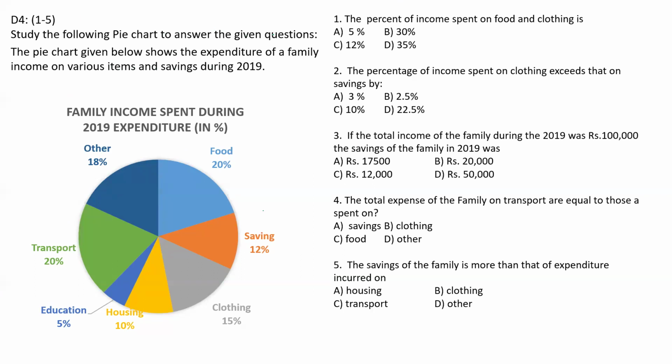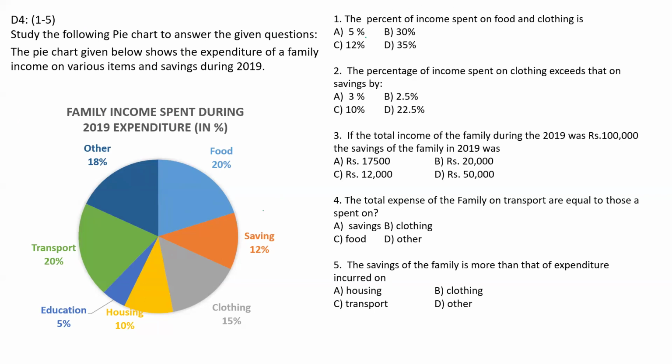They have given the expenditure of the family, the income, and what all things they have spent on. For food, 20%, savings 12%, clothing 15%, housing 10%, education 5%, transport 20%, and other 18%. So they have given the percentages.